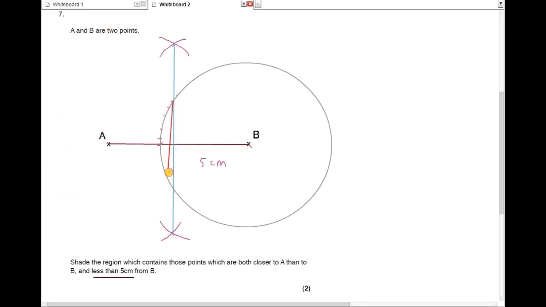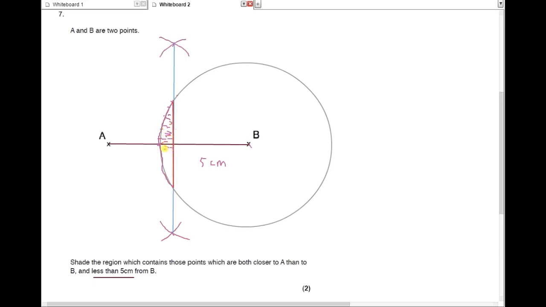So which are lying between this bisector portion, or you can also call it a chord as well, and this curve, and this curve. The points must be within this region.